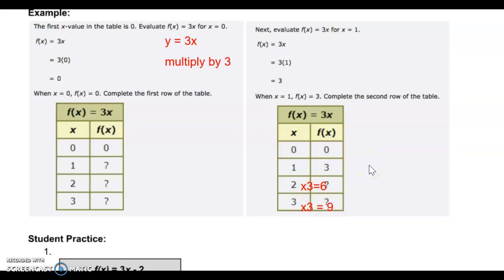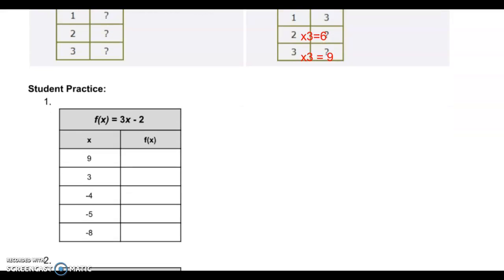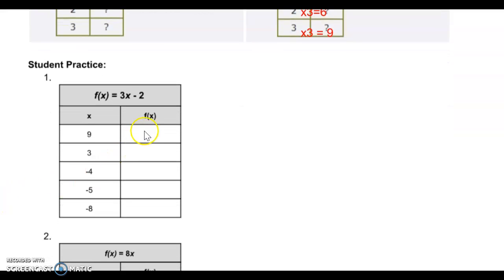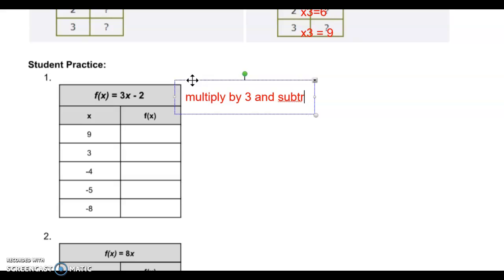So when you fill out a function table, what you are doing is you are just following the rule. You're translating the rule into mathematical operations. So for instance, this rule here would be multiply by 3 and subtract 2.